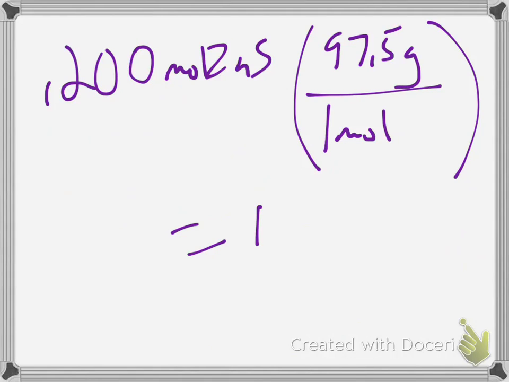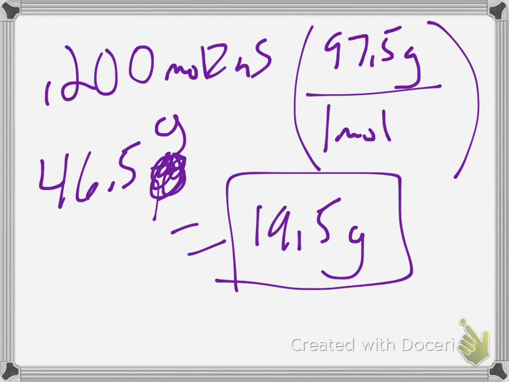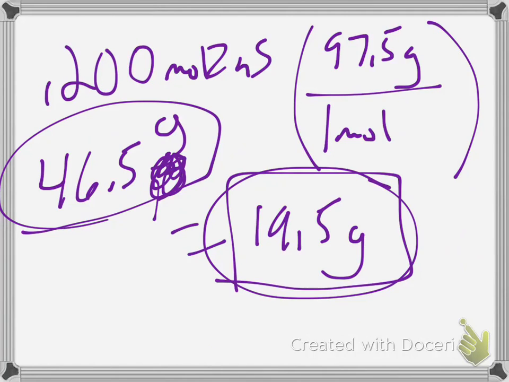So this gives us a value of 19.5 grams that are left over. Okay, if you think back, the original question started with 46.5 grams. 46.5 grams in the original. This is how much is left over. So we could subtract, figure out exactly how much is used if we wanted to also.